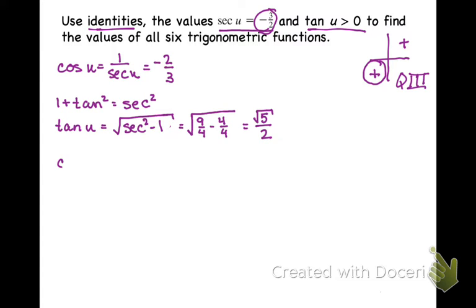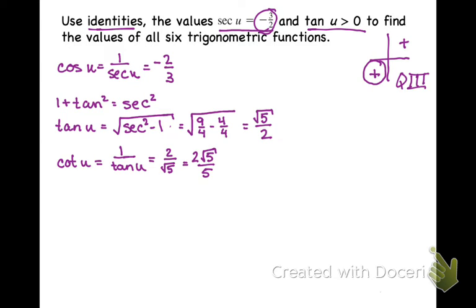Cotangent of u equals 1 over the tangent of u. So we're going to reciprocate, and it's still going to be positive. So it'd be 2 over the square root of 5. Gotta rationalize. So 2 square root of 5 over 5.